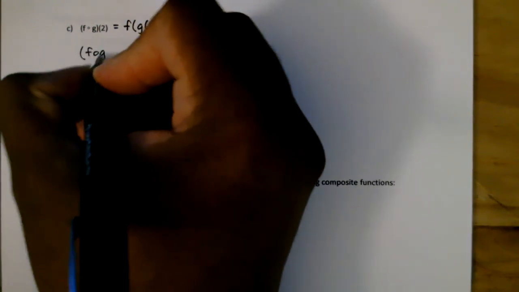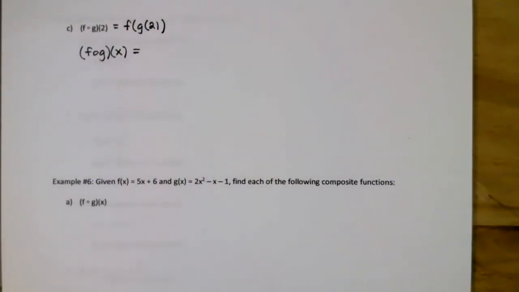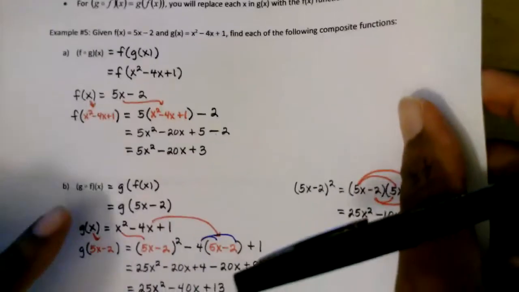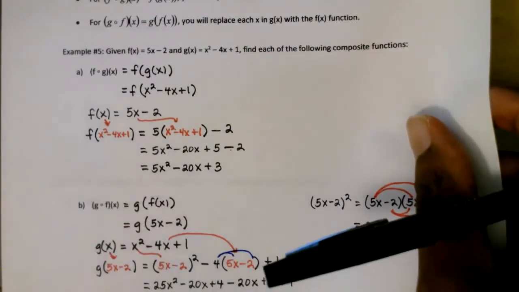But if you look back at part A on that last page, we found the composition of f with g of x. So here, the composition of f with g of x ended up being 5x squared minus 20x plus 3.